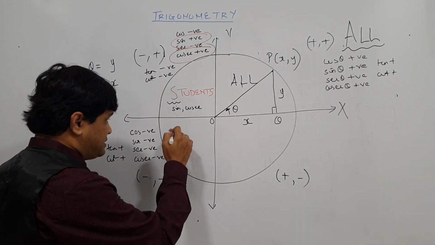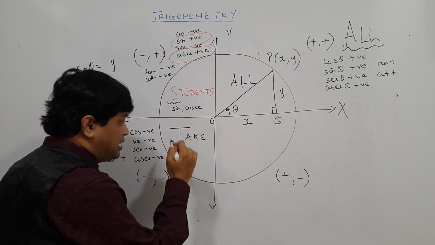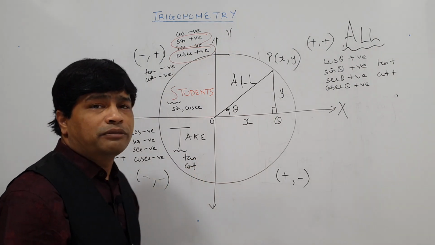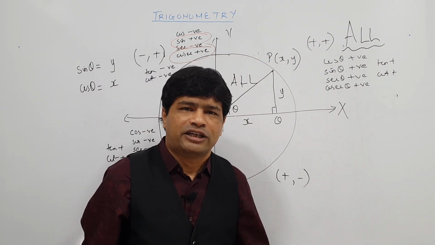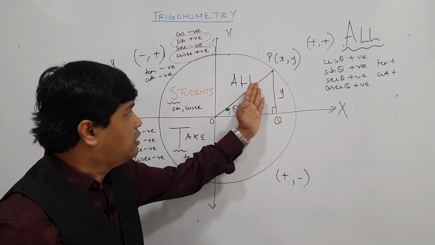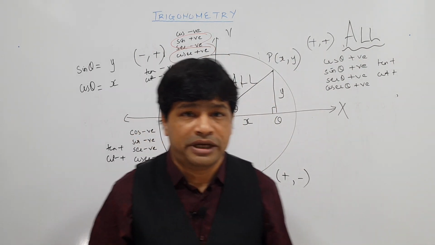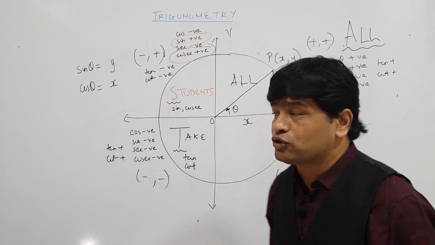I can remember this as, take the initial T, which stands for tan and cot. We have to remember only one ratio and its reciprocal which are positive. All other ratios are negative. All students take. Now you must be wondering what should the fourth word be. It could be anything. Right now we are not aware. But we have to check out which ratios are positive.